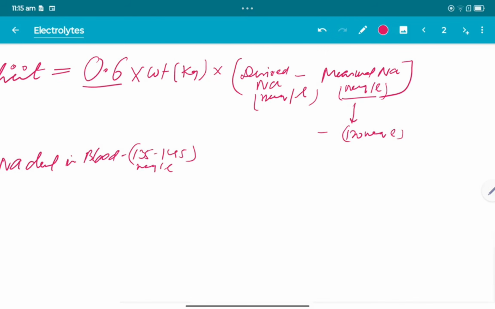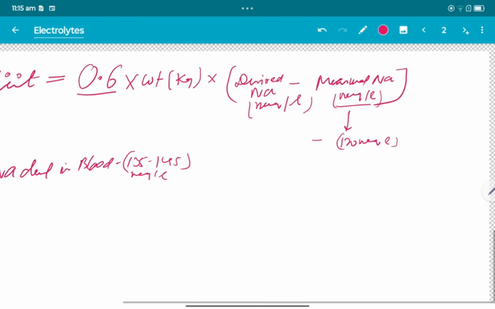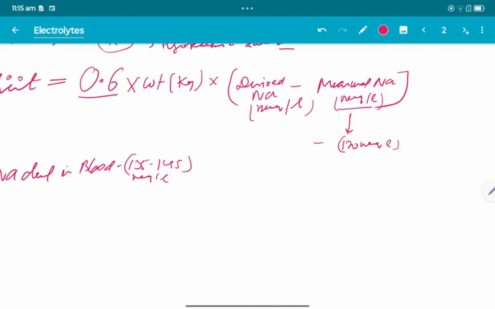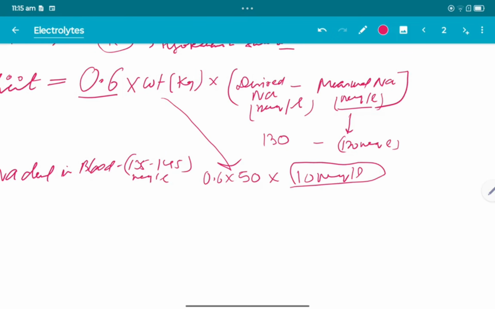So suppose for ease of doing this mathematics, we can take this as 130. 130 minus 120 is 10 milliequivalent per liter. And what is the weight? 0.6 into 50 kg man, 0.6 into 50 is 30.